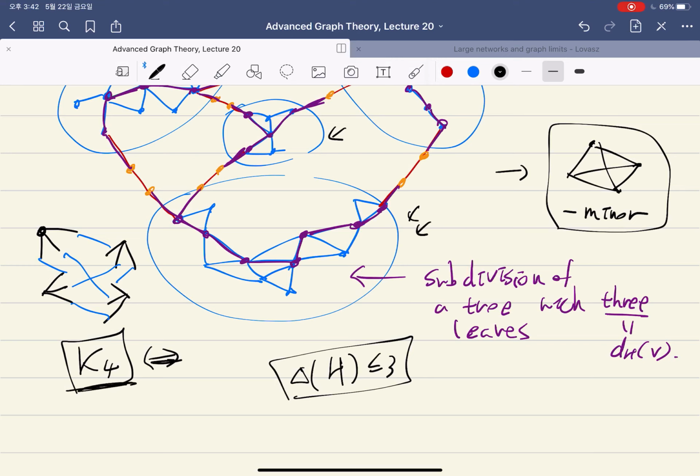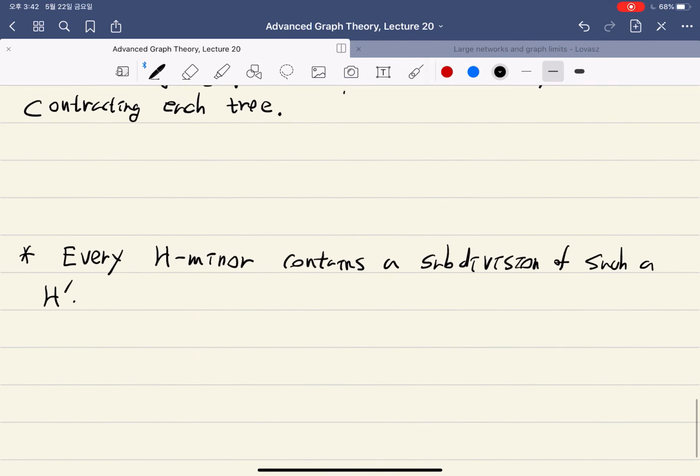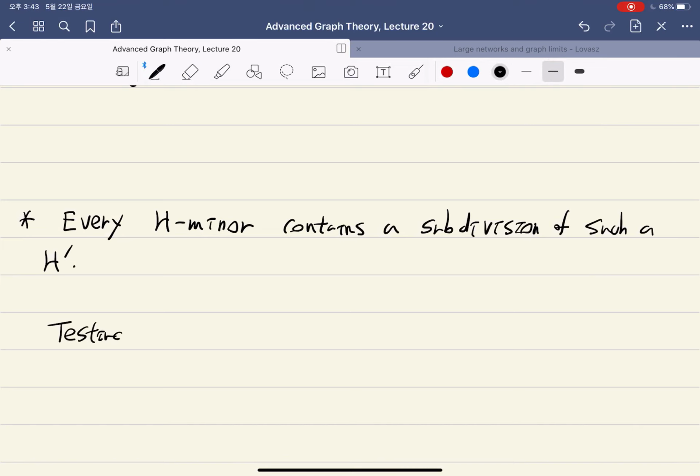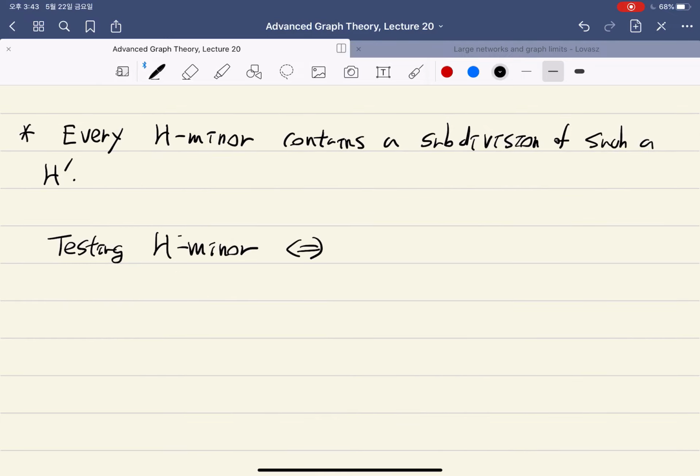So in this specific case, we get K4, but for more general H, you get not only one, but many H primes in a list. So now what this says is that testing an H minor is the same as testing an H prime subdivision for H prime in some finite list.